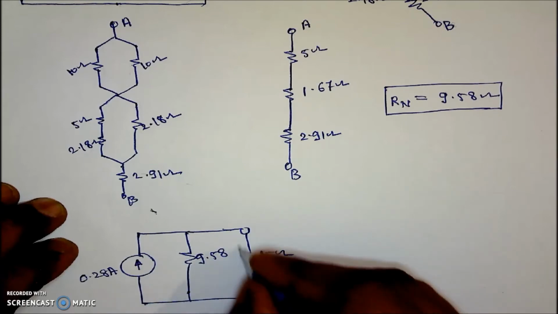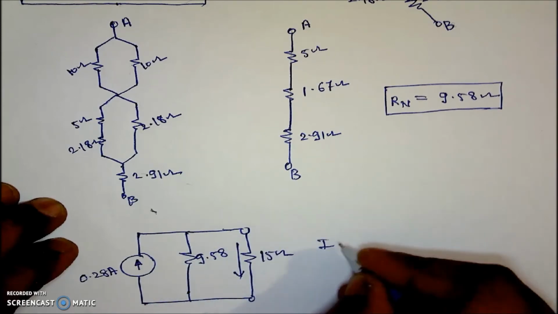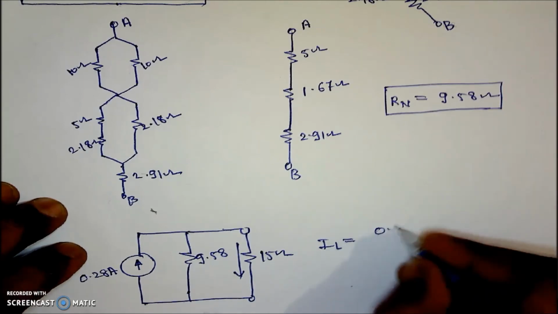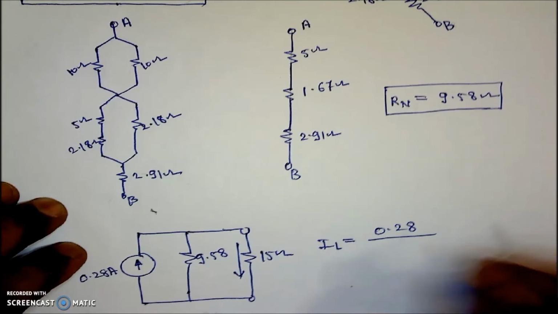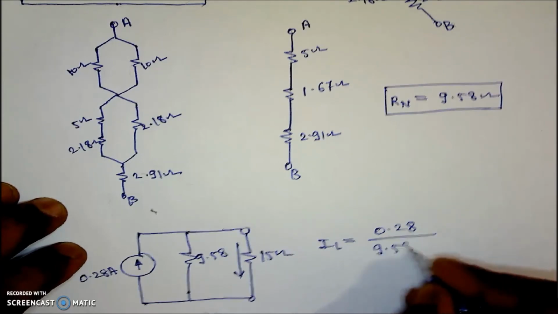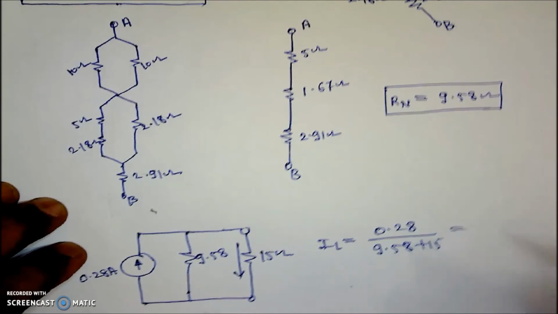And then we can calculate this load current by using the current division rule or by using Norton's theorem, one and the same thing. That is 0.28, the total current, divided by Norton's equivalent resistance, that is 9.58, plus the load resistance, which is 50.